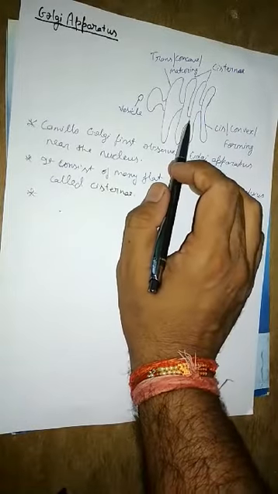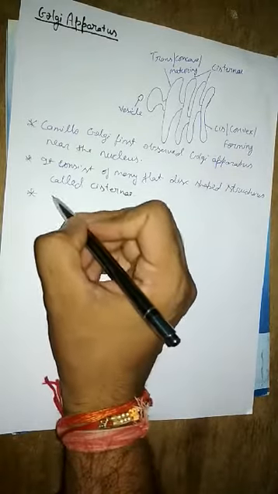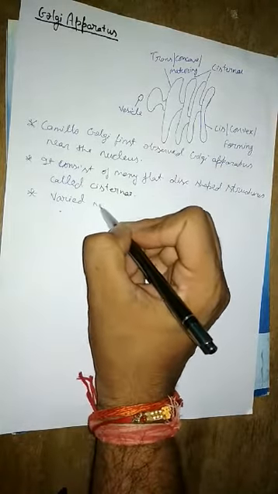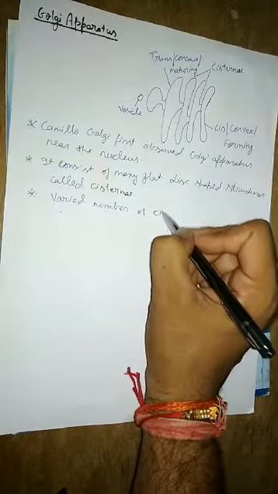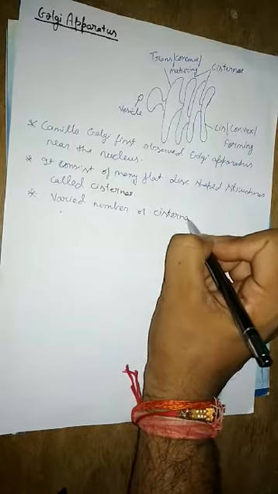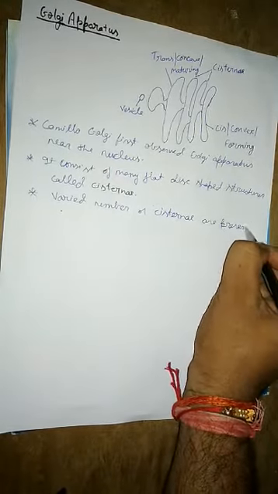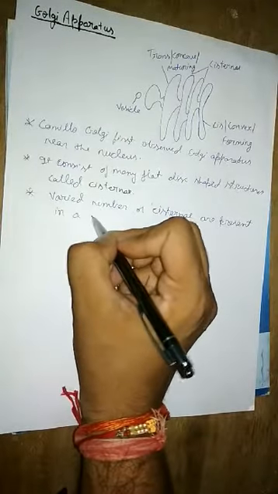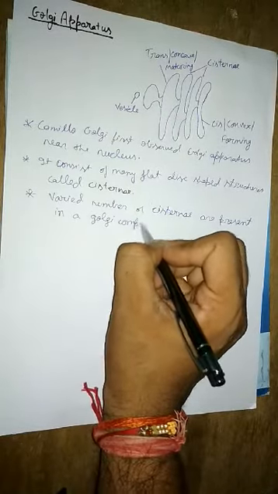And you can see the number of cisternae can be variable. Varied numbers of cisternae are present in a Golgi complex.